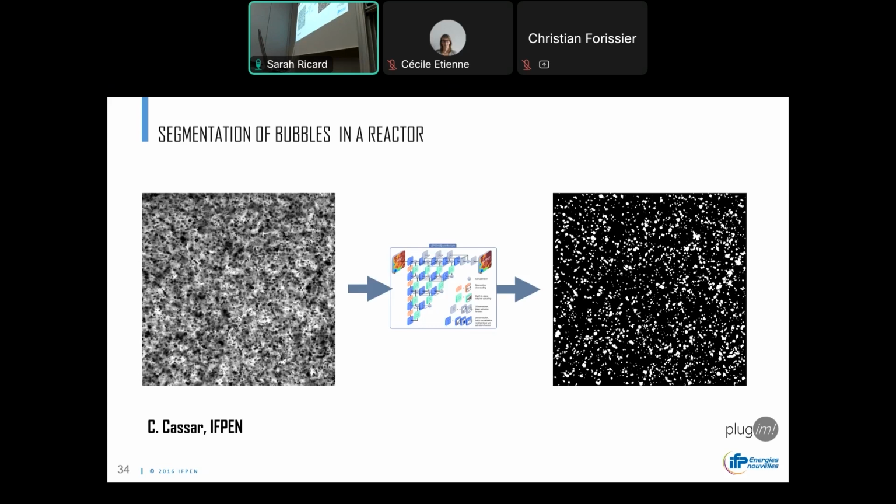What is very interesting is that, remember, Cyril used only 2 images for the training steps. And with only 2 images, you obtain this kind of result where you can extract all the bubbles that are in focus. It's very interesting because with this kind of information, you are able to characterize your bubbles: the size of your bubbles and also their morphological characteristics.